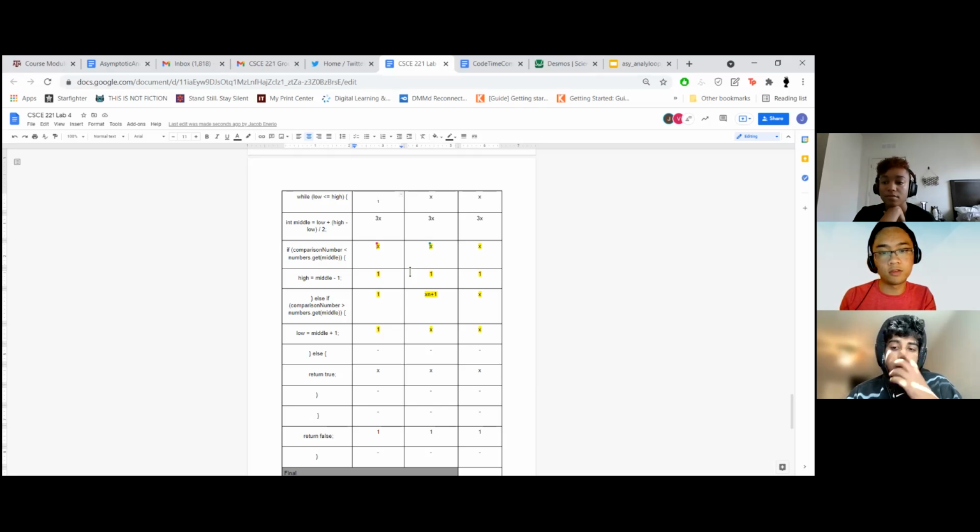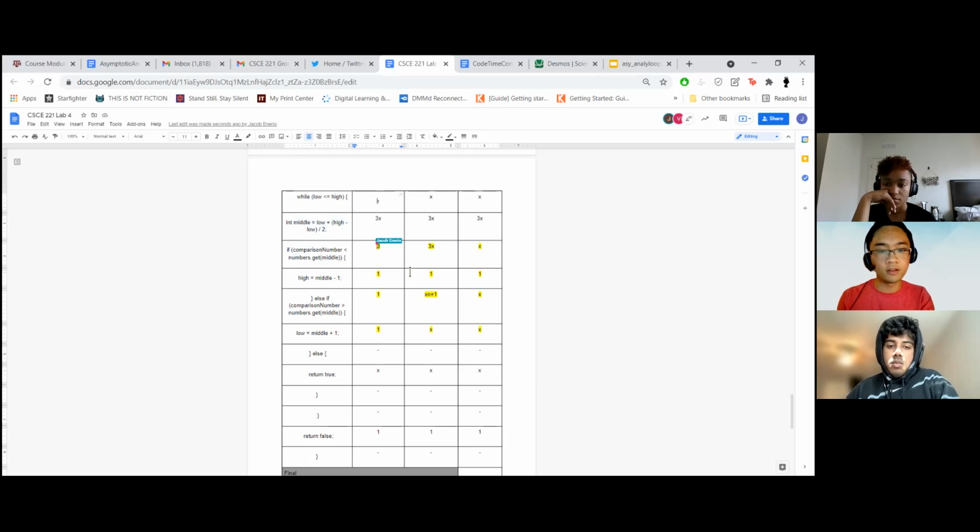I think we can just put 3x, or we can put the cost as 3, right? Because it's going to follow the same format, even if we call this function, because I don't think they set the middle variable of the list. This is C++. Well, middle is assigned.